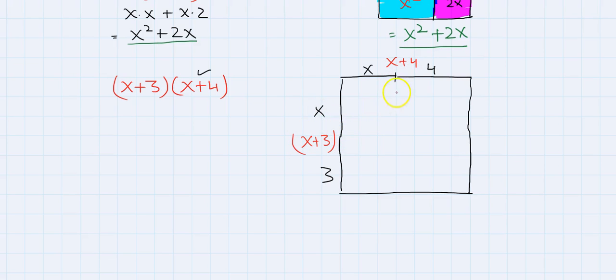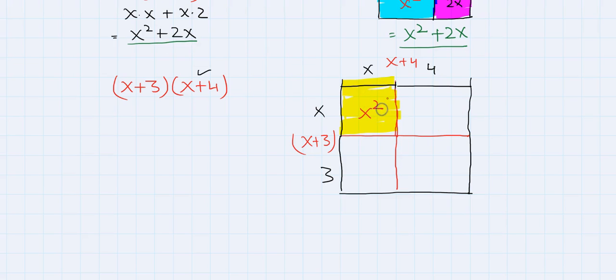Now let's say this is x and x. Let's try to divide it. Then we have this part and then we have this part. Now let's see this area. This is x multiplied by x, so this will be x square.